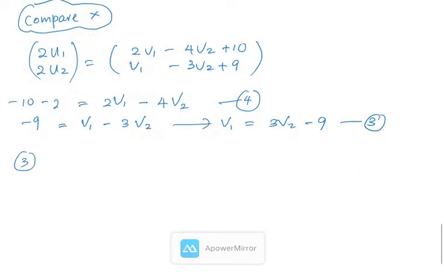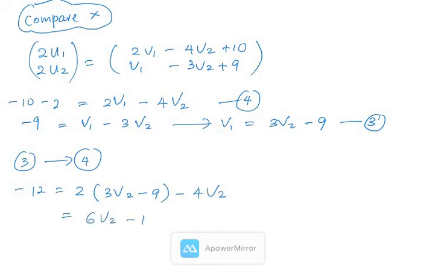I substitute the equation 3 into equation 4, so negative 12 equal to 2 times 3v2 minus 9 minus 4v2, equal to 6v2 minus 18 minus 4v2.